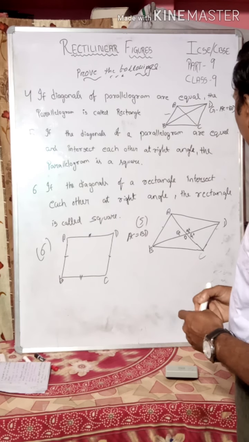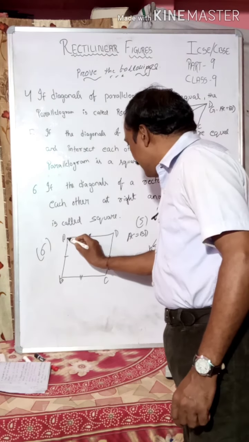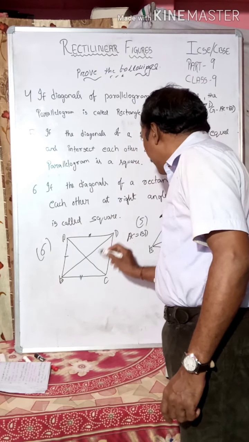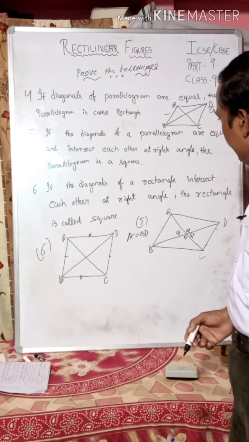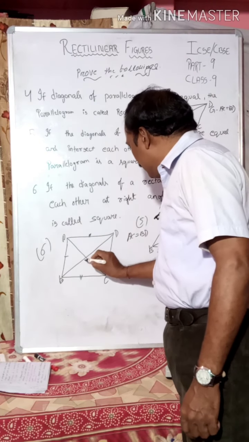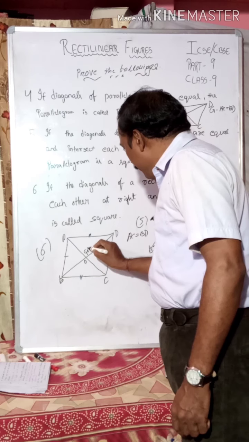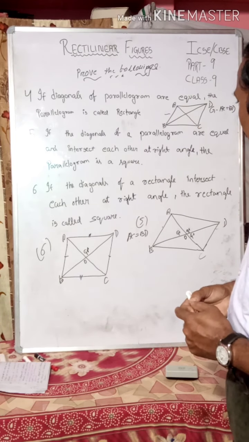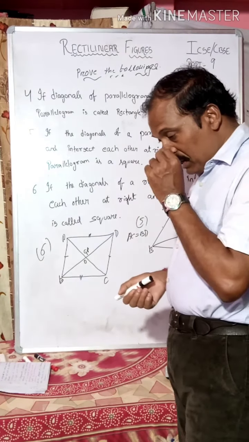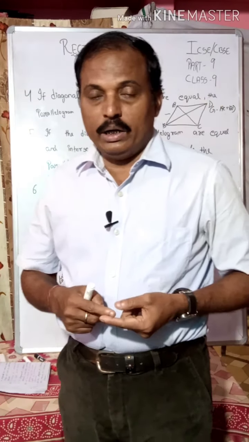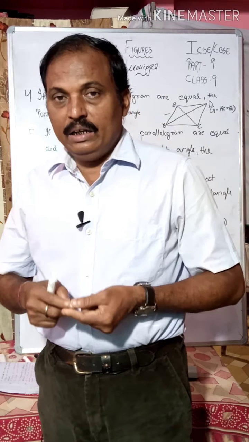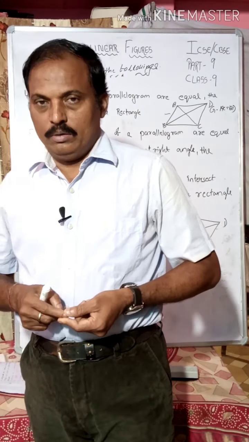If diagonals AC and BD of a rectangle intersect each other at a right angle, then the rectangle is a square.